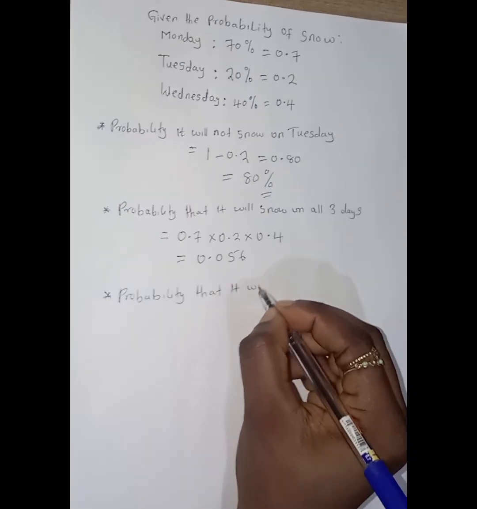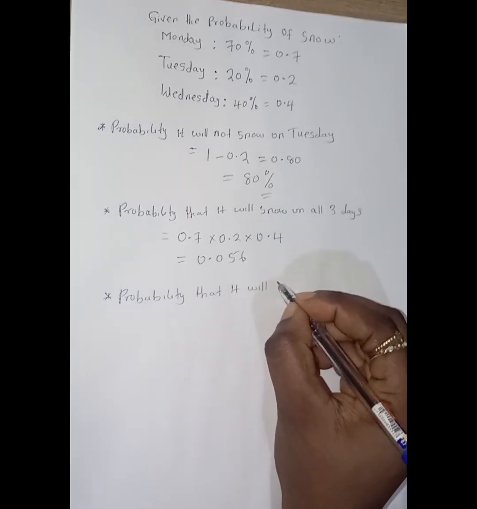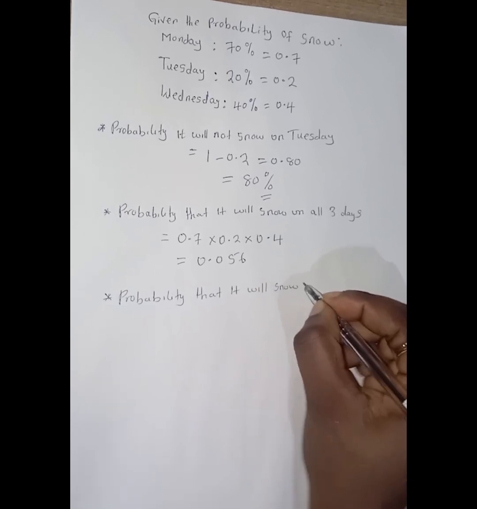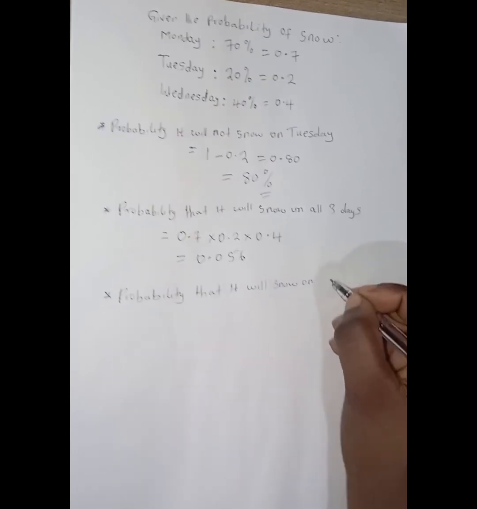Now, the next question is the probability that it will snow on exactly 2 out of 3 days.